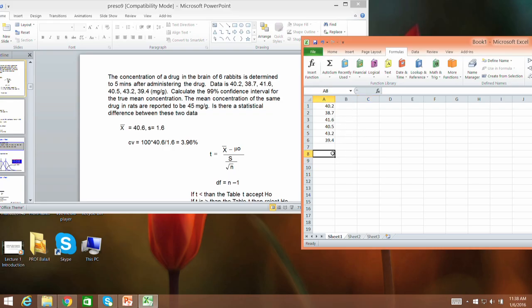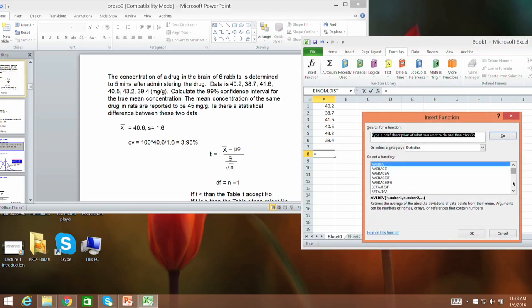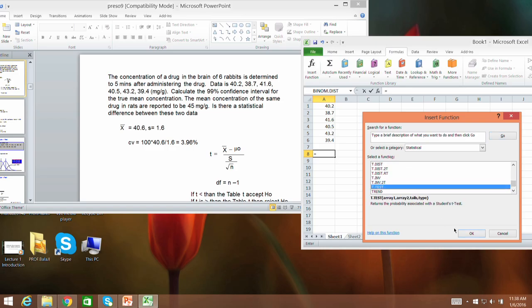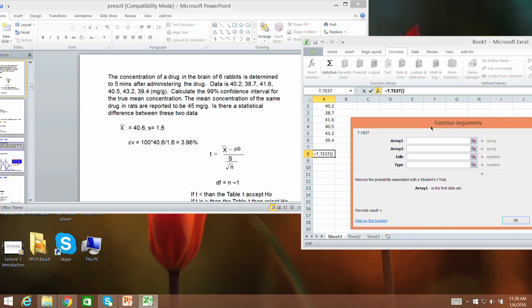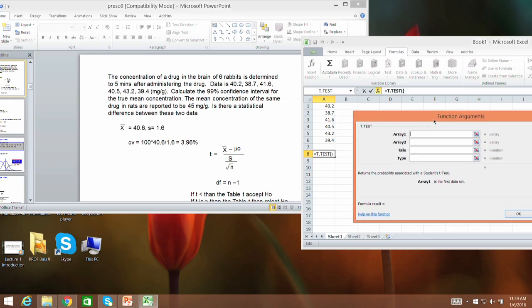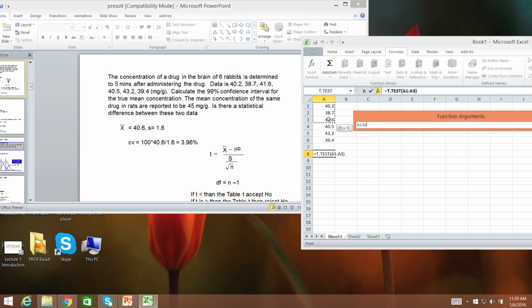Now the command, if you remember, we go to this and there is something called a t test. When you look at the t test, what are the various things? Array 1, so we give the data set here.